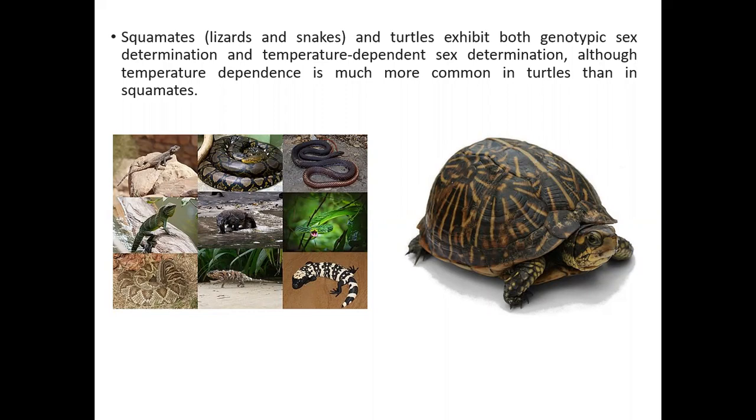For example, in most turtle species the females are bigger in size and at a high temperature mainly females are produced. On the other hand, in crocodilians and in some lizards, males are bigger and they are the ones produced at a high temperature.